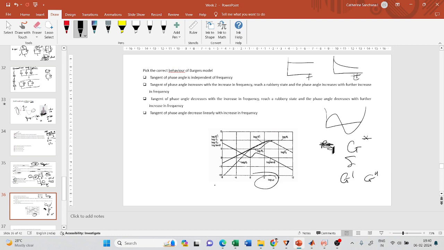Because it is a frequency domain test, we plot it against frequency and find out how it varies, right? So in the case of a Burger's model, the question is how the phase angle varies.